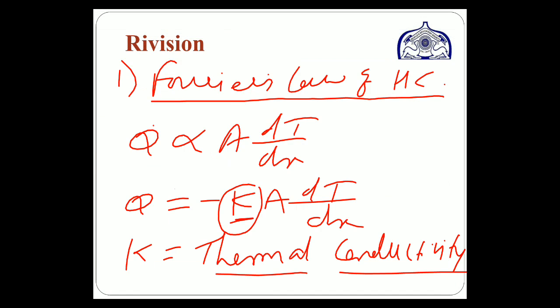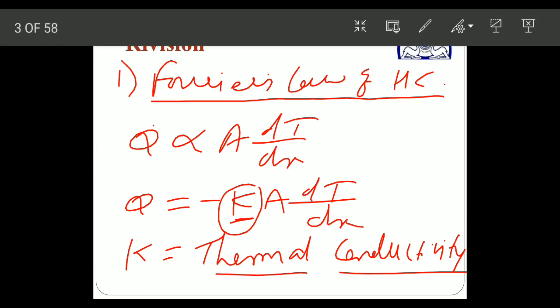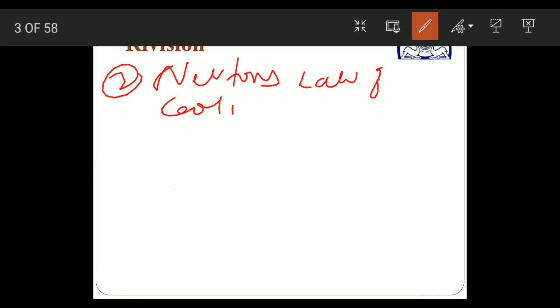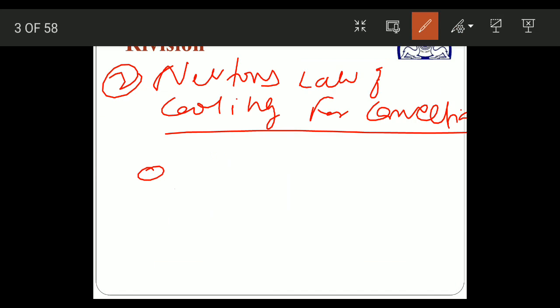We have also seen the second law, that is Newton's law of cooling for convection. In that, we studied that rate of heat transfer is equal to h into A into delta T, that is Ts minus Tf.